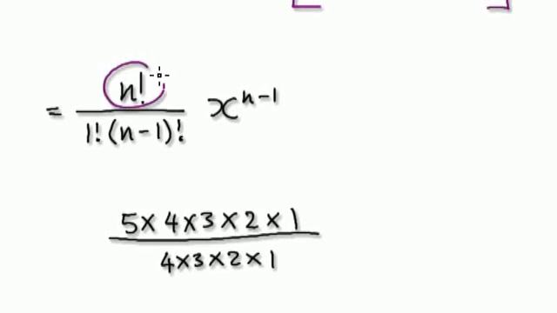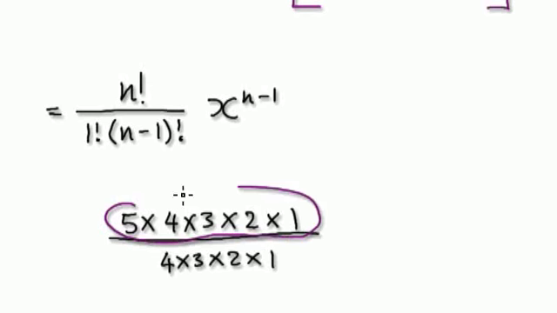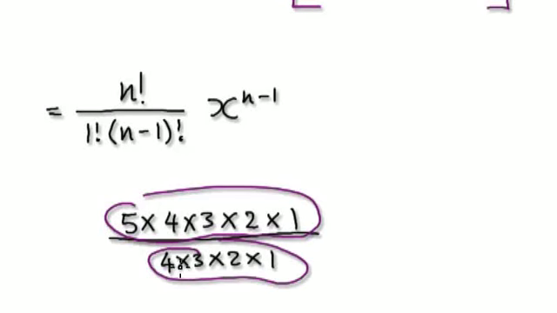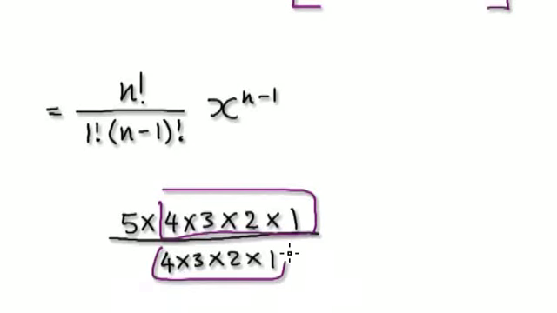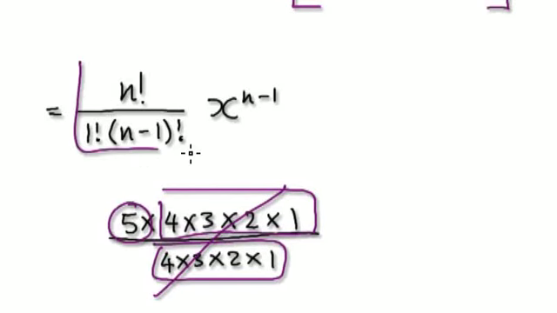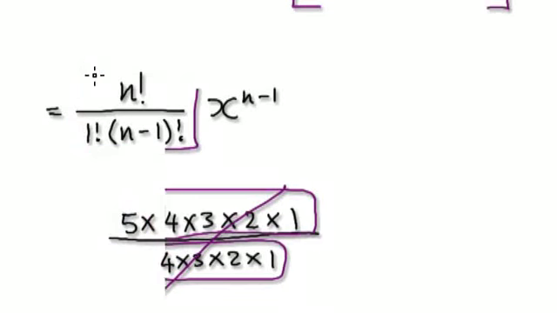Remember, you've got n factorial divided by 1 less factorial. If you look at 5, 5 factorial would be this, 1 less factorial would be this here. So notice that this will get cancelled out with this. These two go, and that will just leave you n. Basically, this whole thing here will leave you with n.